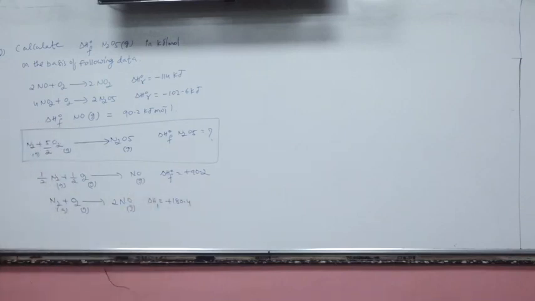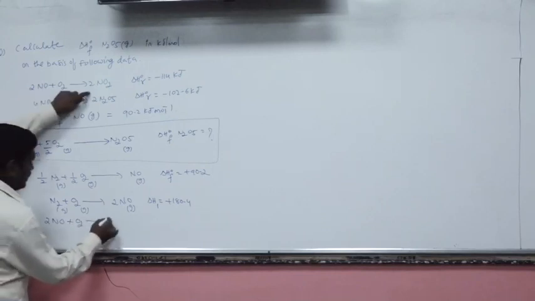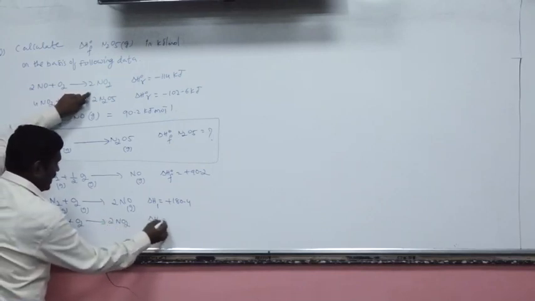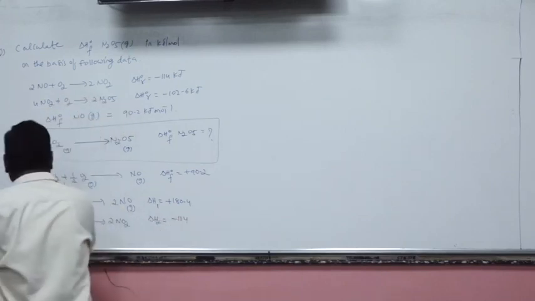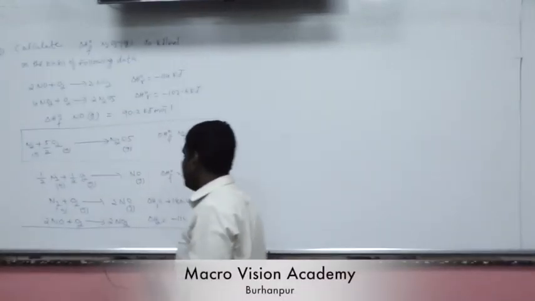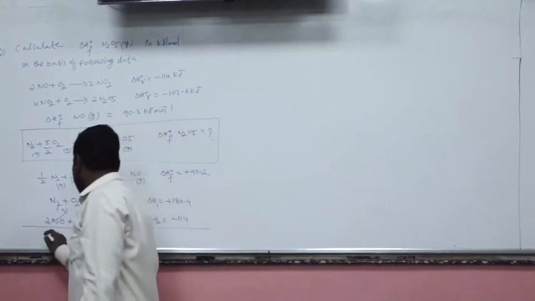Now come to this equation. 2NO plus O2 gives 2NO2. This value, let us say delta H2, is equal to minus 114. Suppose I am adding these two equations, NO gets cancelled. So what is the net equation?